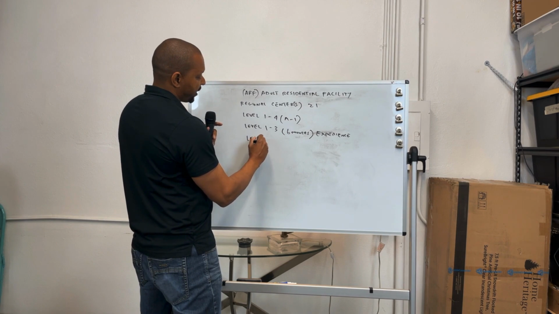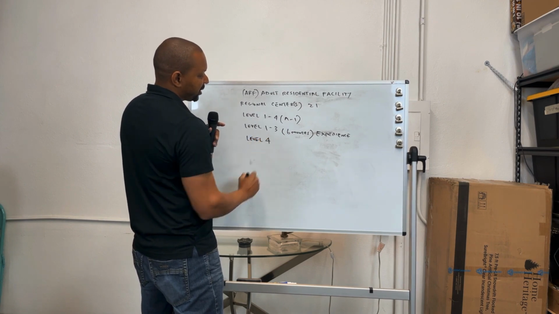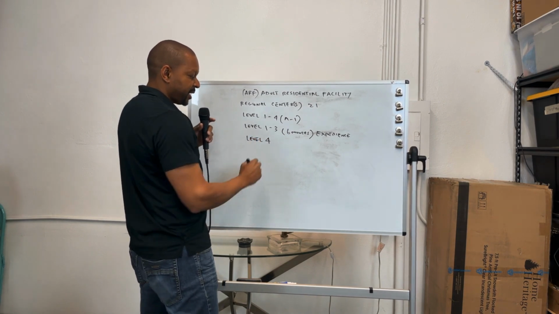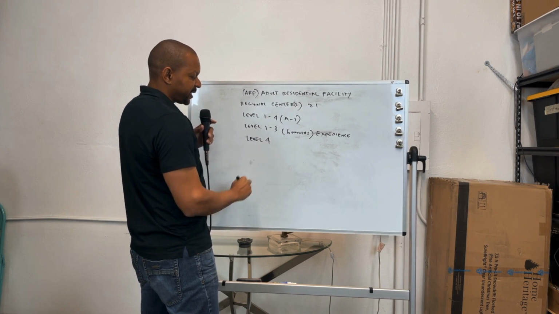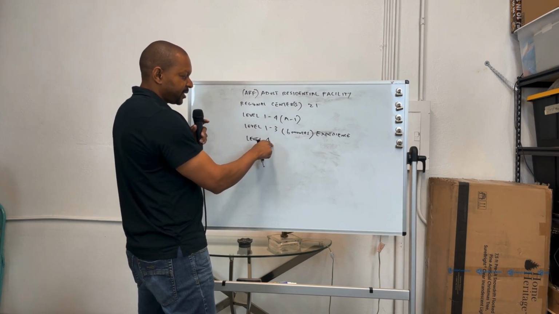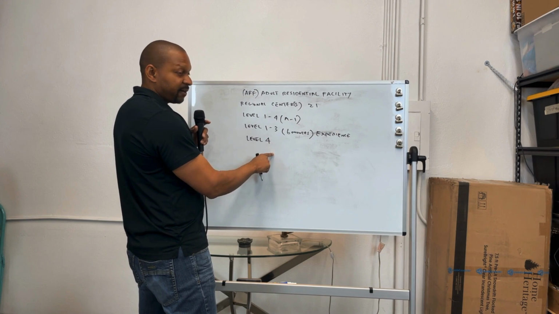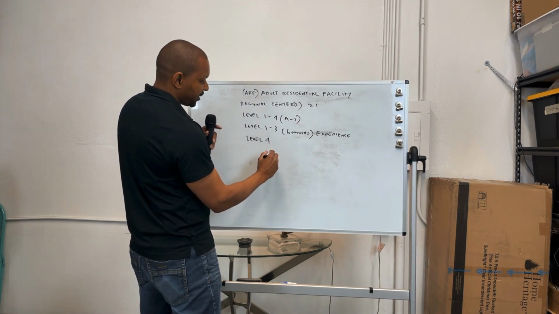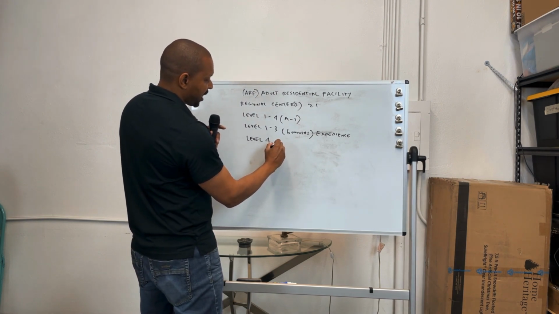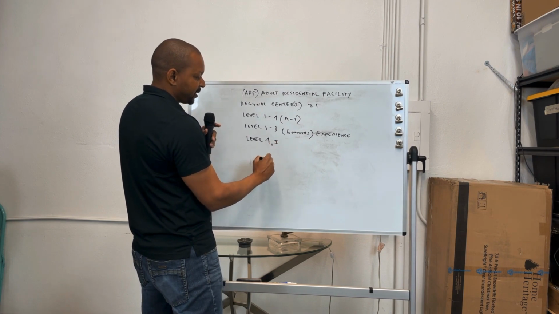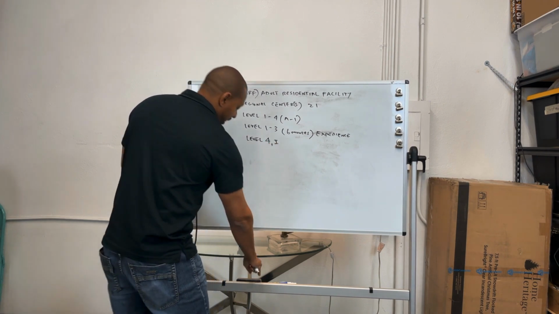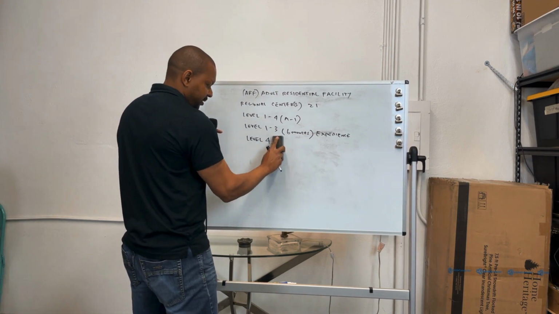Pretty straightforward, right? Say you want to open up a level 4 facility. Now, level 4 is a little bit different. They have different categories of level 4, and they start at A. Sorry, the highest is I. They don't start at I, guys, sorry.